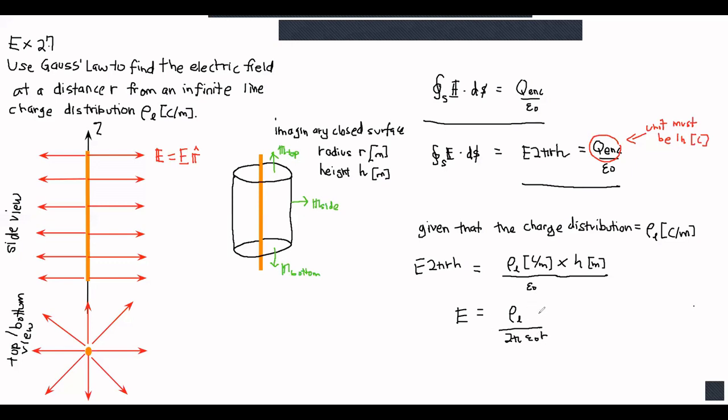In vector form, we already know beforehand that the direction of the electric field is in the r direction, as you can see from this figure over here, so we just add the direction. The unit is volt per meter.